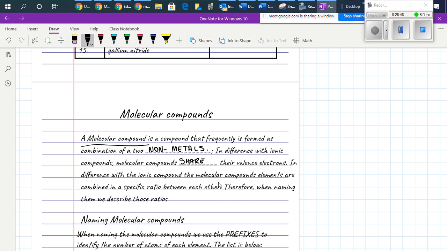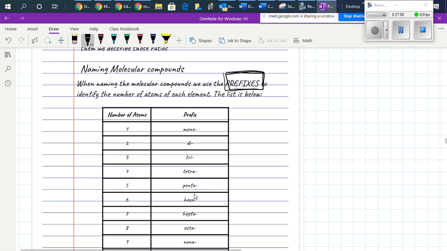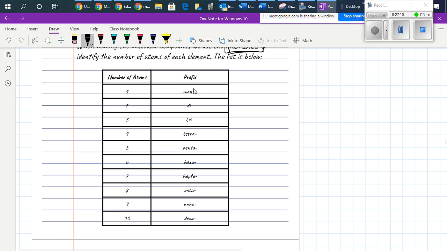And as I said, the focus of the next unit is this. When we are naming molecular compounds, we are using prefixes, which are letters or a way to show how many of each atom the compound has. If it is mono, it means 1.